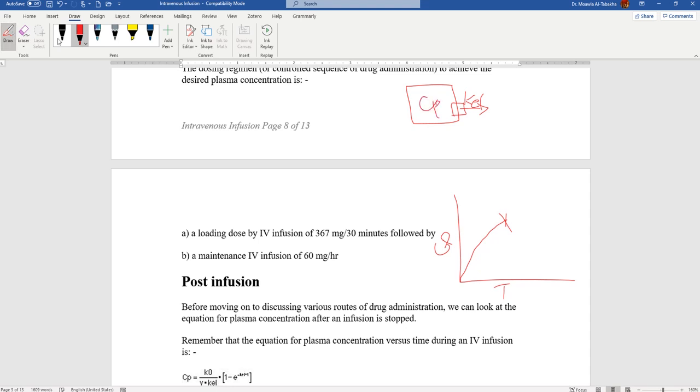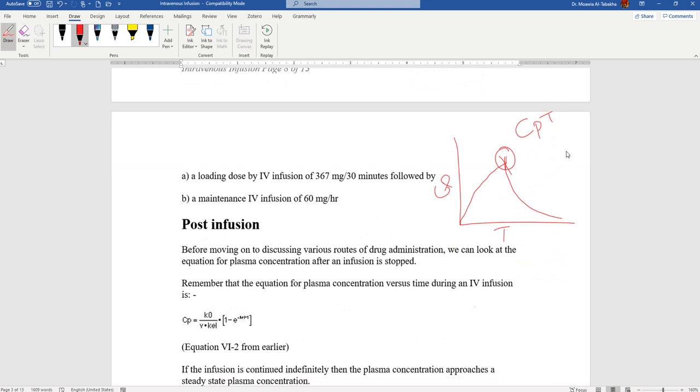If you know the concentration at the time you stopped, and we will call it CPT capital, if you know this concentration, you'll be able to calculate the concentration at any time after that. Why? Because I will have a mono exponential decrease in concentration.